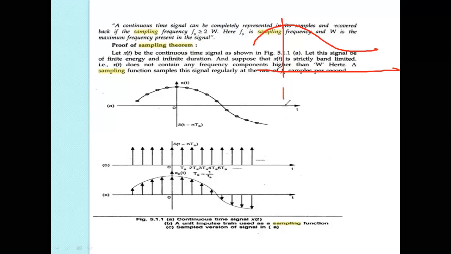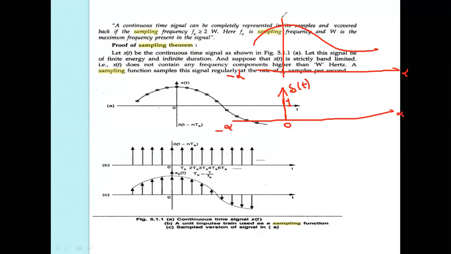So first of all, I am taking one function, delta of t. At 0, its magnitude is 1. It is from minus infinity to infinity.